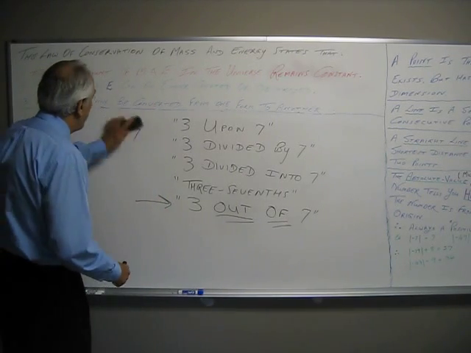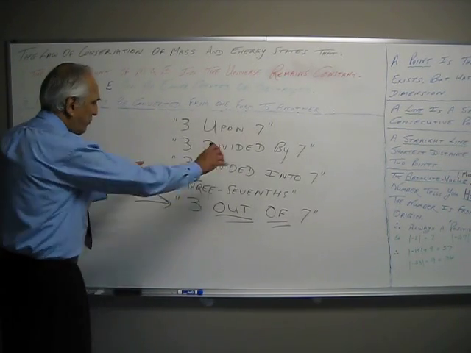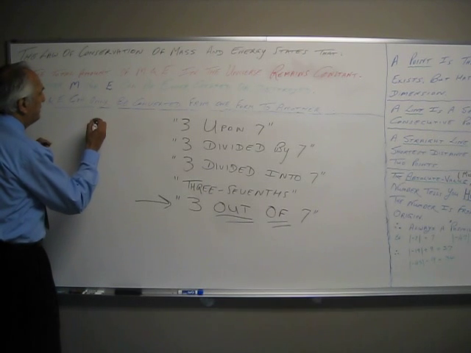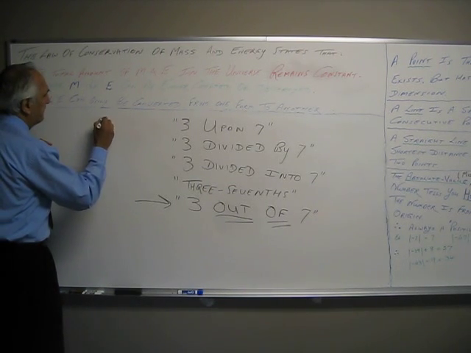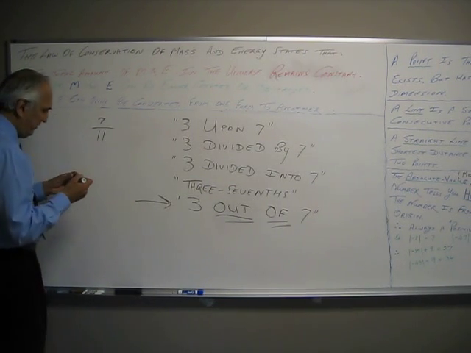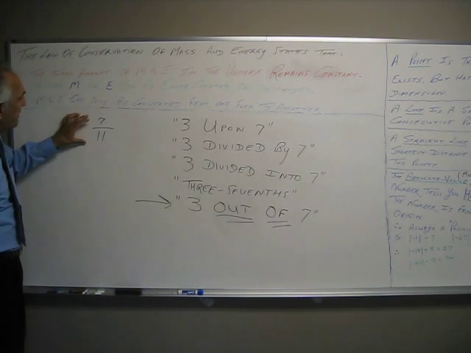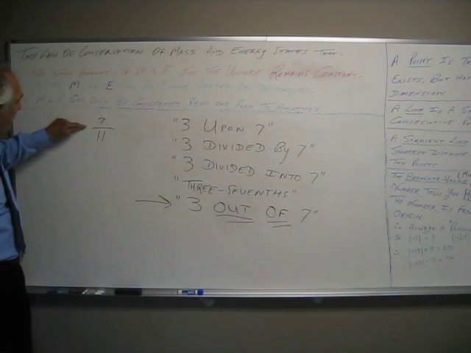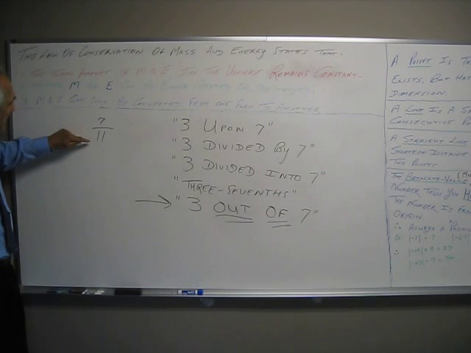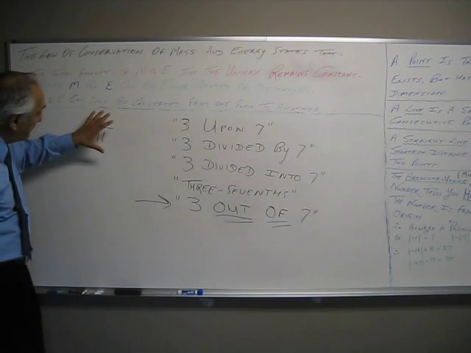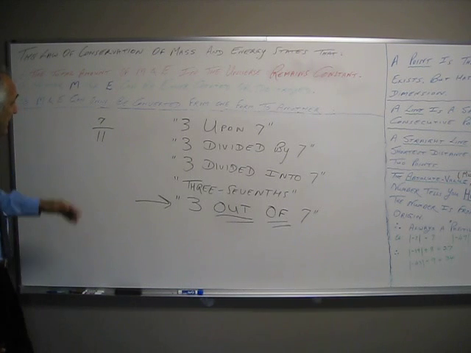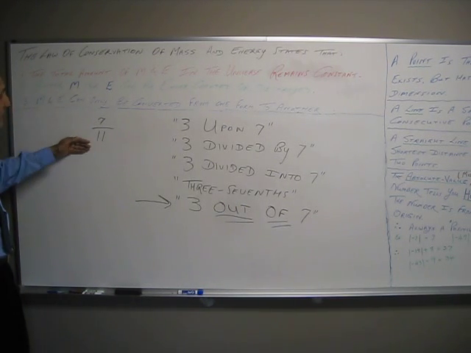Let's take another example. I won't change this, but let me change the numbers over here. 7 upon 11. A number of this type can be verbalized as 7 upon 11, 7 divided by 11, 7 divided into 11, or 7/11, or the best way is 7 out of 11.